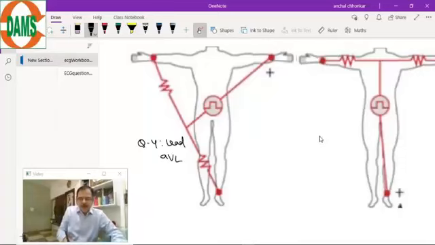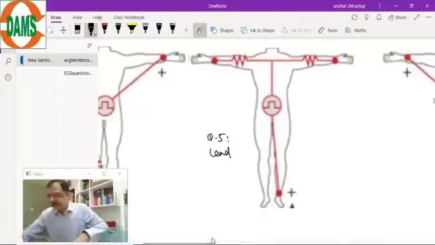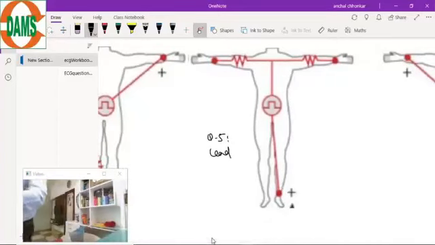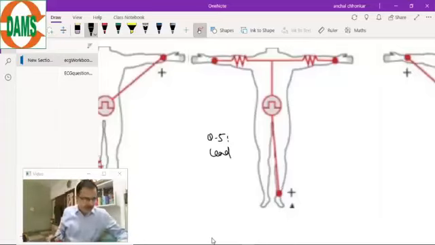Now, question number 5. Which lead is this? Your answers. Yes, this is AVF. Very nice.